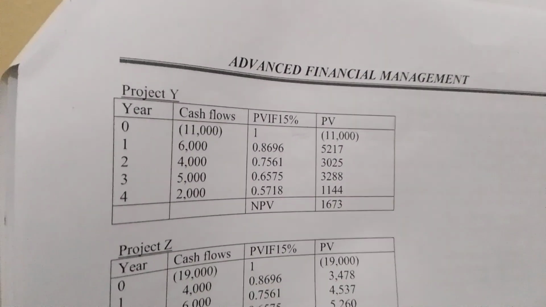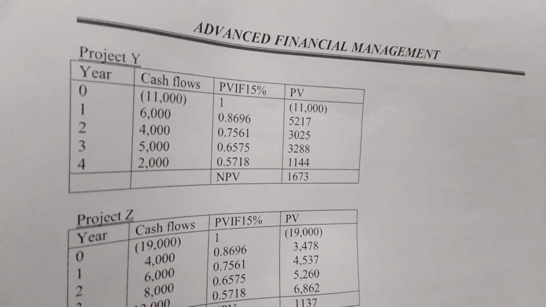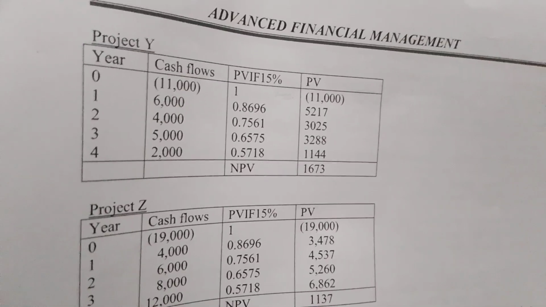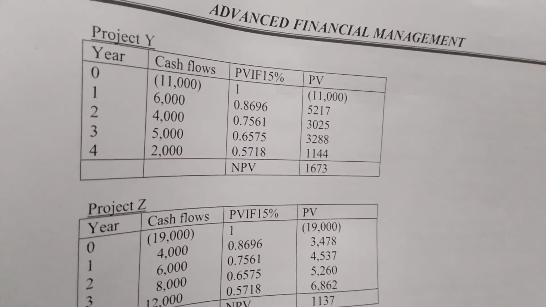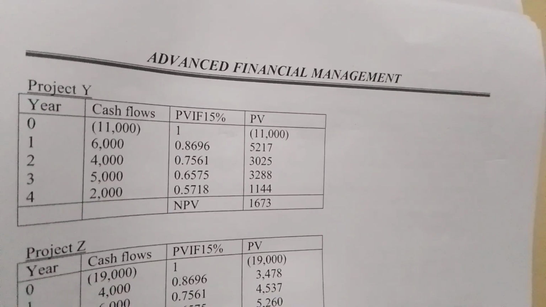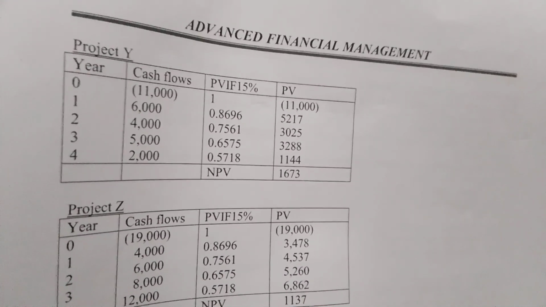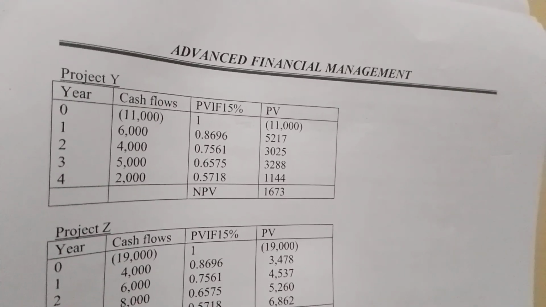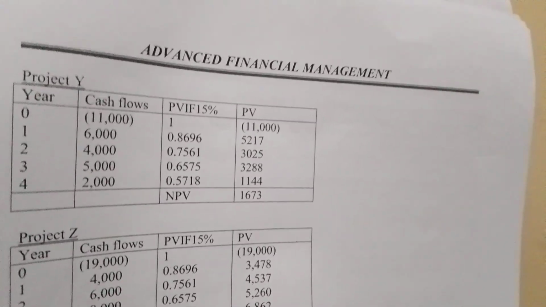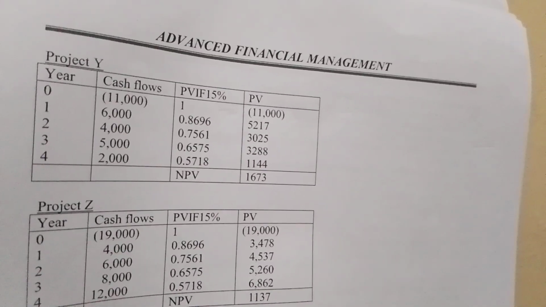If you look at project Y, the cash flows are there, year 0 up to year 4. Cash flows for year 0, we have negative 11,000, then 6,000, 4,000, 5,000, 2,000. We have a column for the present value interest factor at 15%. You can read from your table, the first table which is provided.